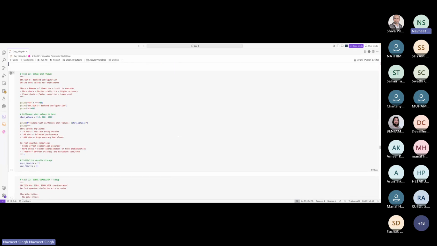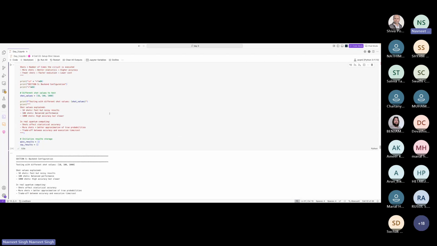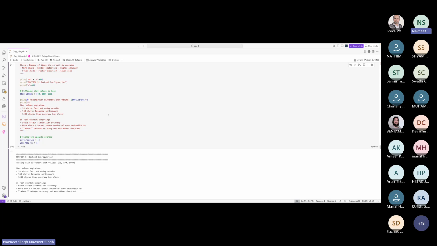The next is the shot values. I already mentioned the shot values, like how many times we need to run the circuit. For this example, I will set the shot value to 10, then 100 or 1000.